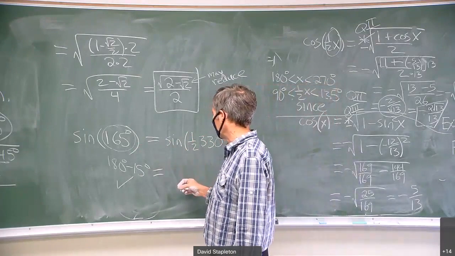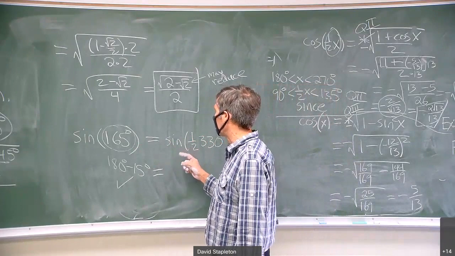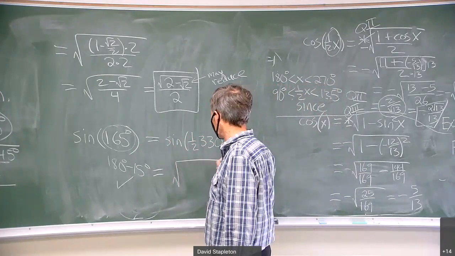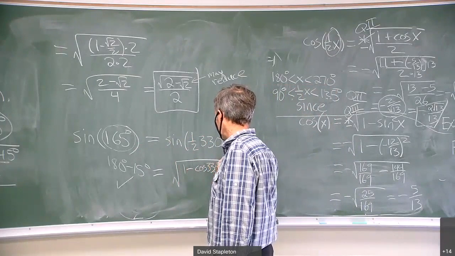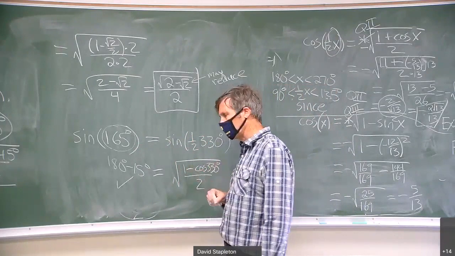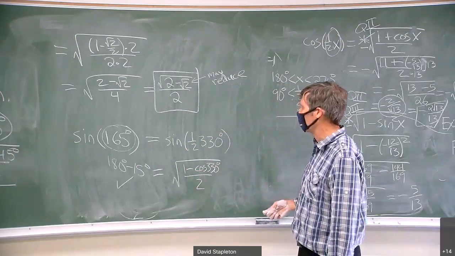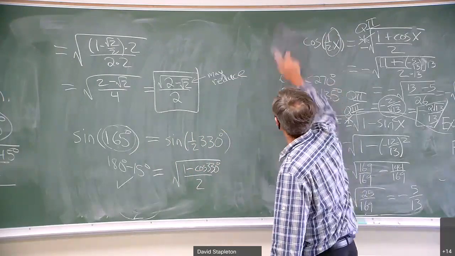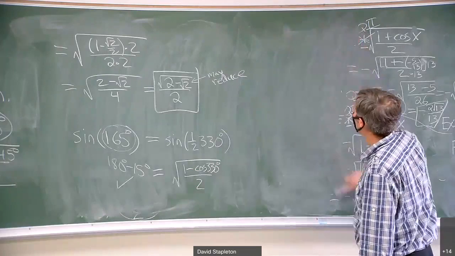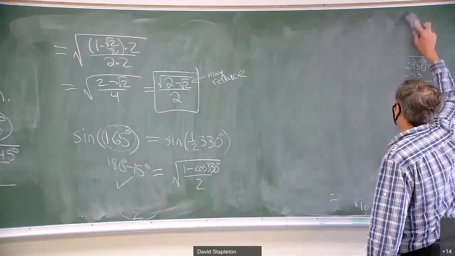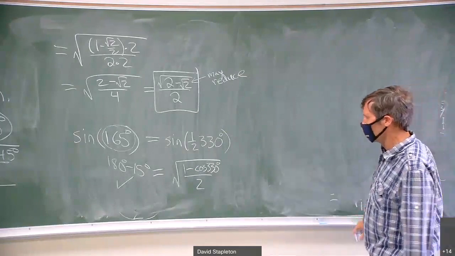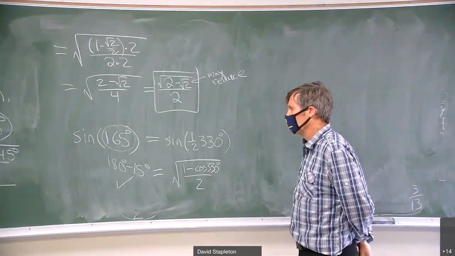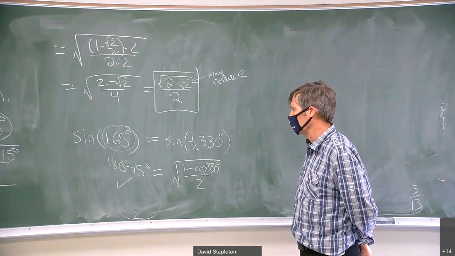I just use this half angle identity: the sine is the square root of 1 minus cosine of the whole angle, 330 degrees, over 2. And now I just have to do the cosine of a special angle. So these half angle identities also allow you to do exactly a trig function of any multiple of 15 degrees.